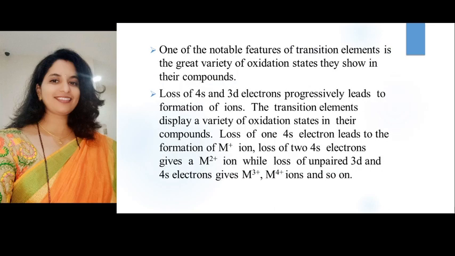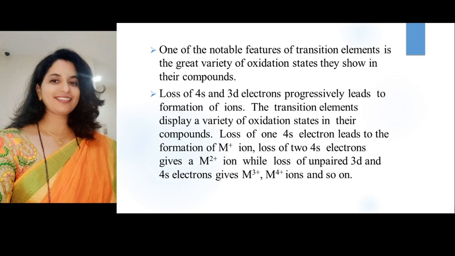One of the notable features of transition elements is the great variety of oxidation states they show in their compounds. Loss of 4s and 3d electrons progressively leads to formation of ions. Loss of one 4s electron leads to the formation of M+ ion.